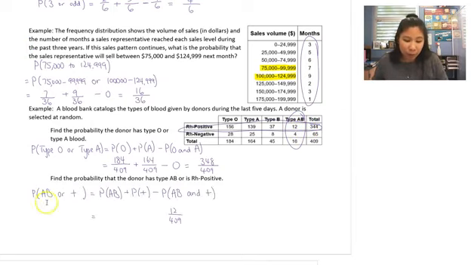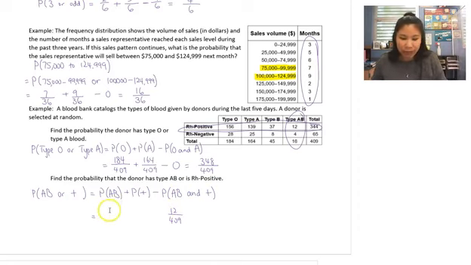So when I look for the probability of choosing someone who's type AB or positive, we would have to add the probability of someone being AB with the probability of someone being positive, and subtract when they're together at the same time. So there were 12 people who are both AB and positive out of the 409 total.